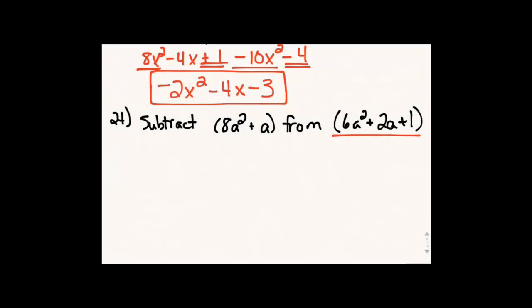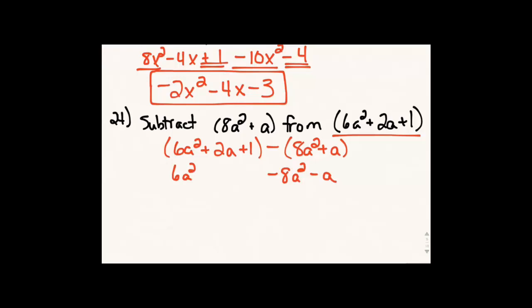So we're going to rewrite it as 6a squared plus 2a plus 1 minus the parentheses 8a squared plus a. Now, again we have minus, so we distribute the minus. And we rewrite the first set of parentheses stuff.